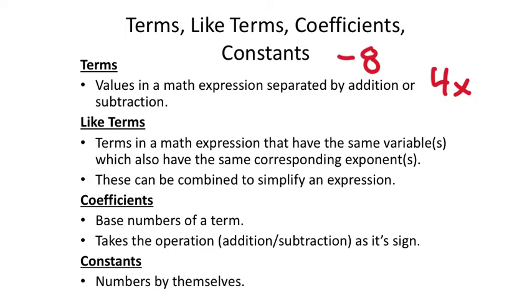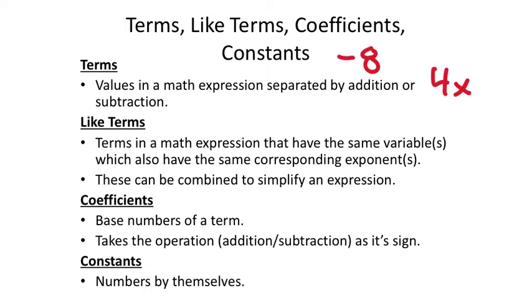But if we ever see like terms, then we can combine those terms. Like terms generally have, well, sometimes they don't have variables, but if they do have variables, then the exponents of those variables have to match in order to be considered like terms.